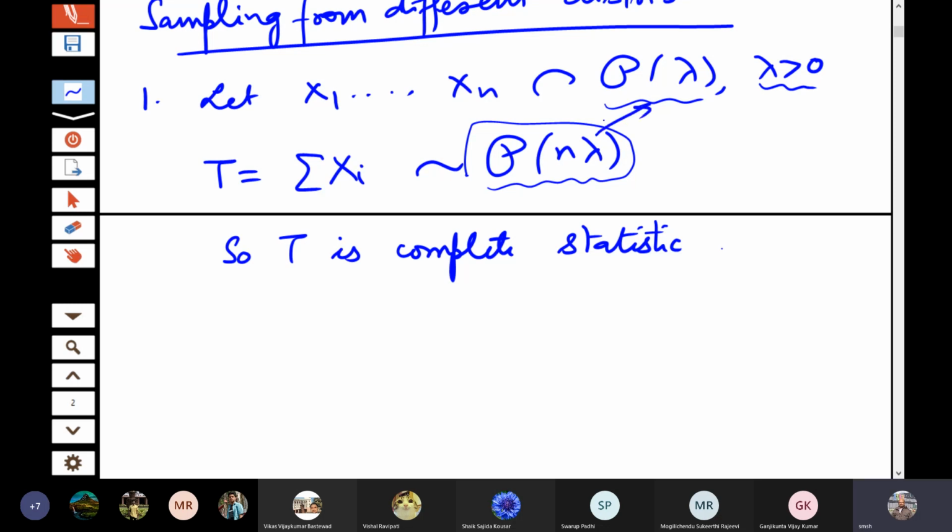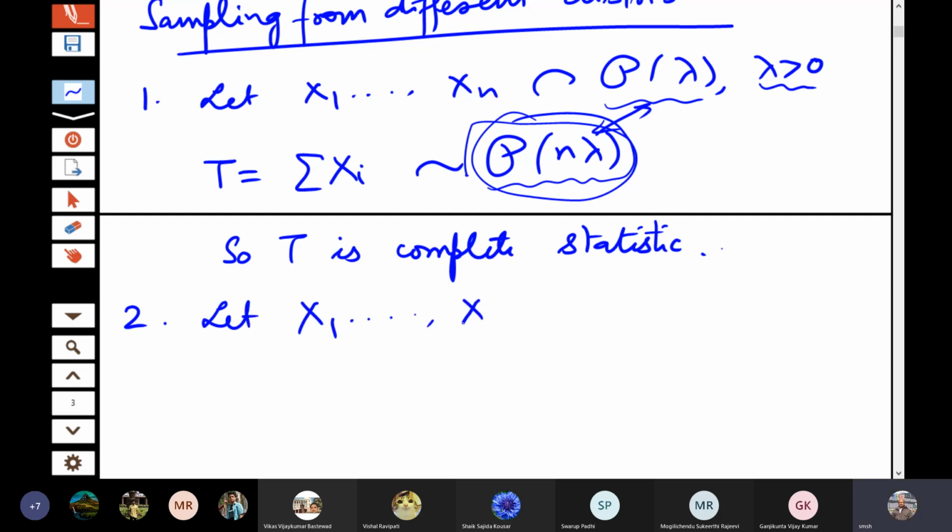This is in the same family because it is only multiplied by n. For lambda positive, n lambda is also positive. So this is some positive parameter, that's all. So this family is complete. What is the definition of a complete statistic? That the family of distributions of the statistic must be complete. So here T is a complete statistic. Is that okay?